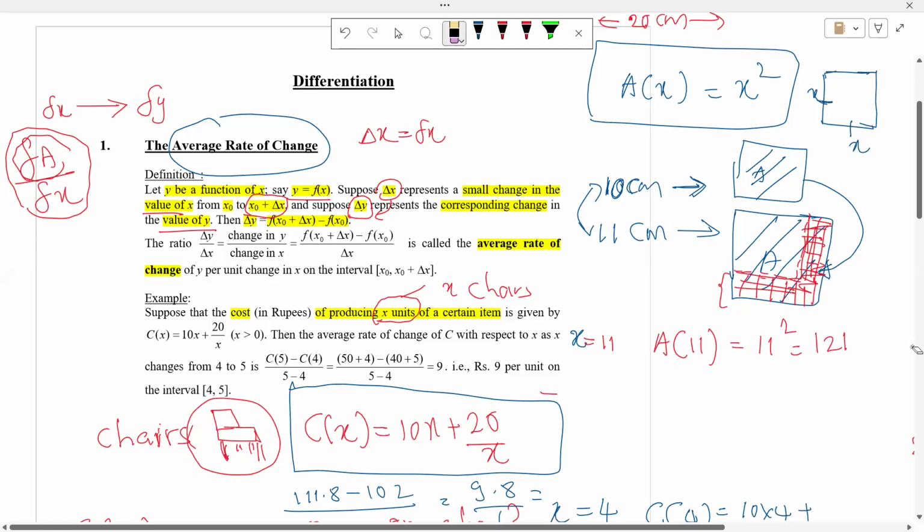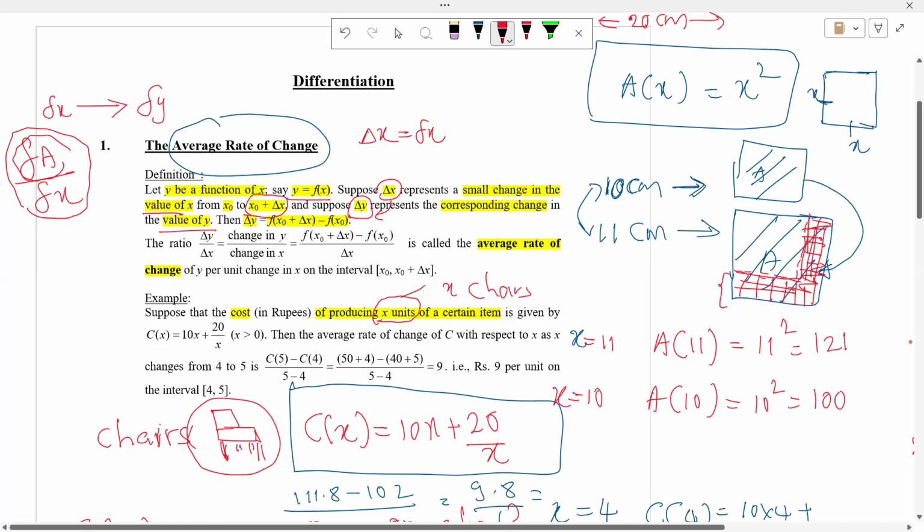Now rate of change means I need the difference of new value minus earlier value. The previous value is x is equal to 10. A10 is equal to 10 to the power 2, 100 centimeter squared or 100 units.